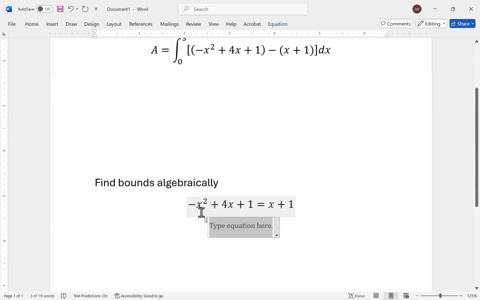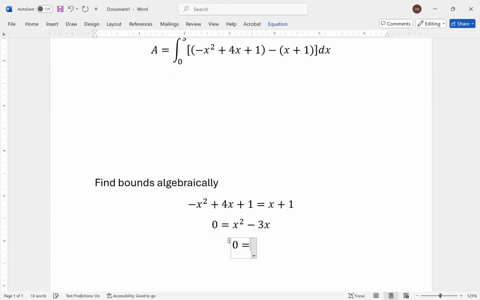I would probably just add x squared to both sides and then subtract 4x from both sides and then subtract 1 from both sides to get 0 on the left. And then on the right, I'd get x squared. When I subtract 4x, that would give me a minus 3x on the right. And when I subtract 1 from both sides, I get 0. And this gives me an equation I can solve for x.